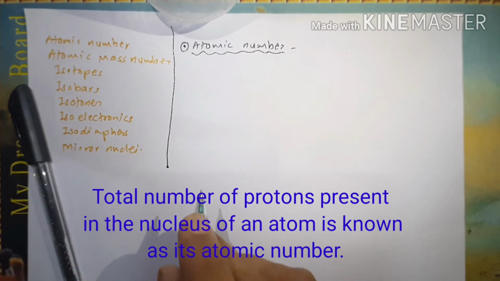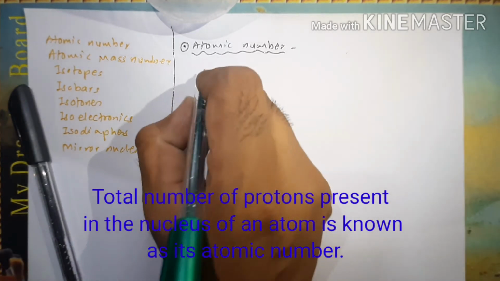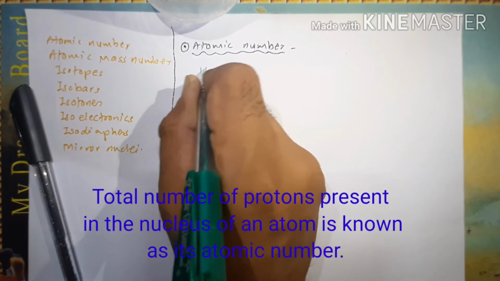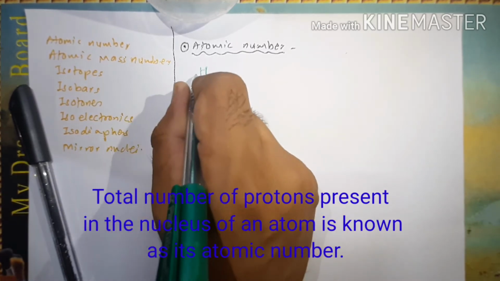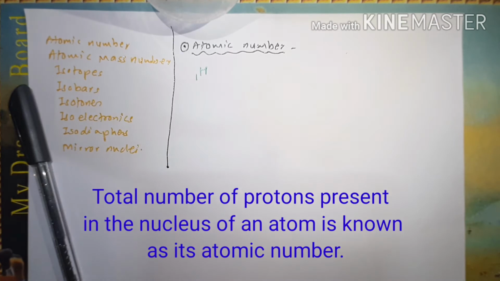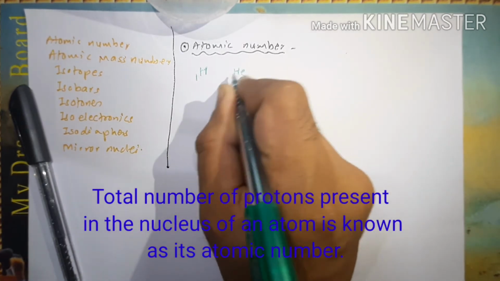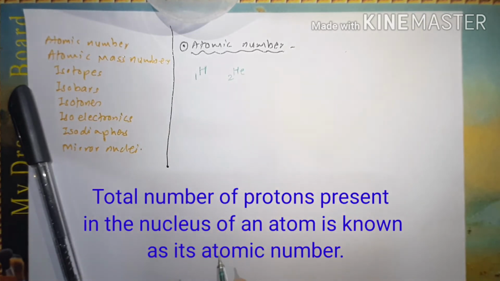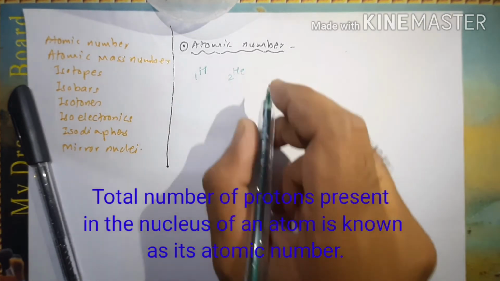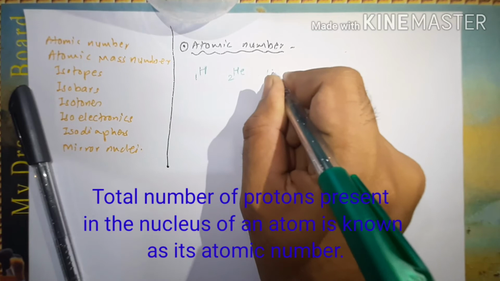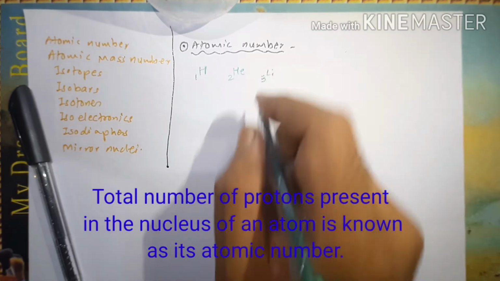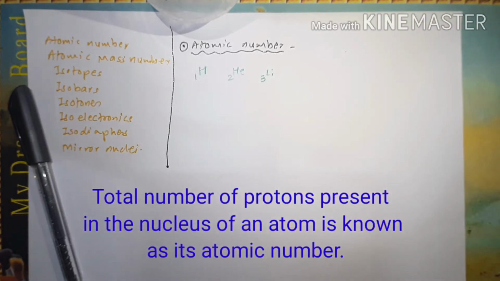For example, hydrogen, its atomic number is 1 because it consists of 1 proton in its nucleus. Helium, atomic number 2 because it consists of 2 protons in its nucleus. Lithium, atomic number 3. Atomic number is the number of protons present in the nucleus of an atom.